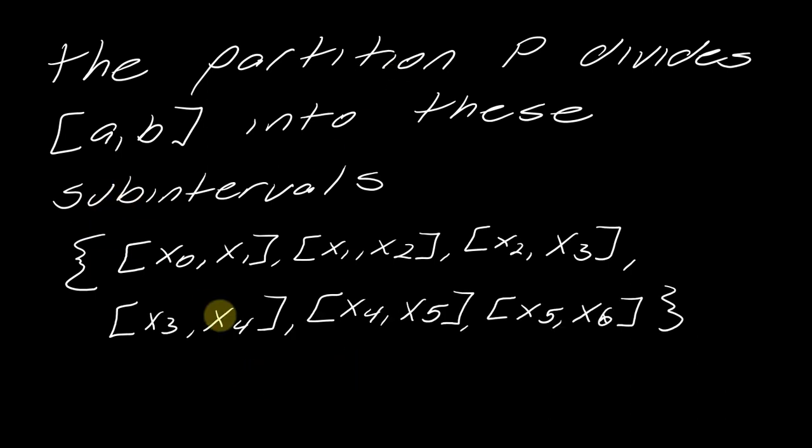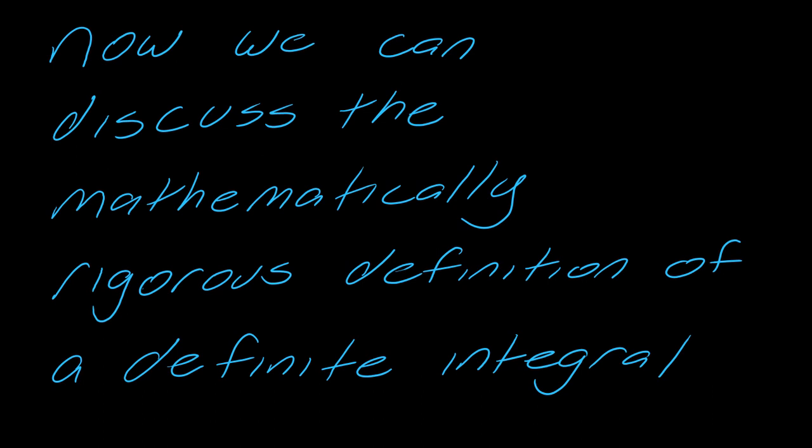This is something we already intuitively know: these points P divide your closed interval into these subintervals. This is how you would refer to all of those subintervals in order. This is just a vocabulary review to make sure you know what all the terms mean, because now we're going to take a look at what a definite integral is, and it uses all of these terms.